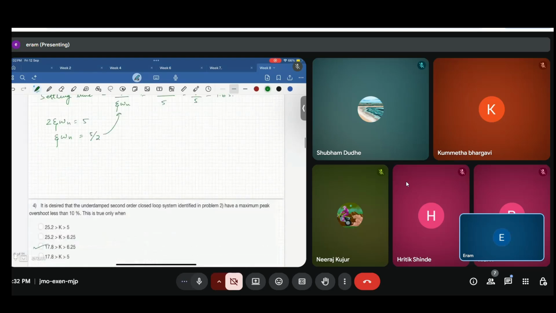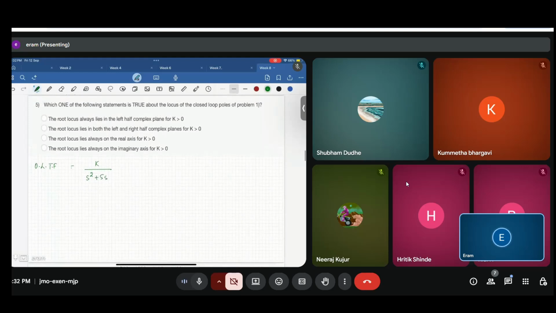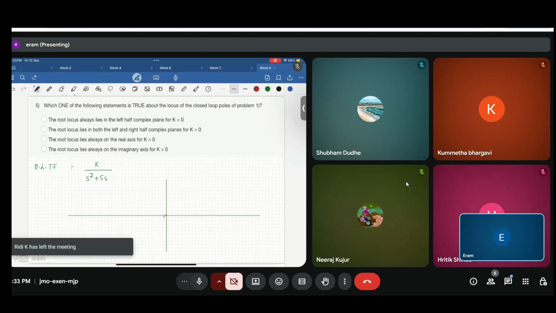Yes, s square plus 5s. Okay, now comment on the root locus. Let's try to draw it. So we have open loop poles at 0 and the other at -5.